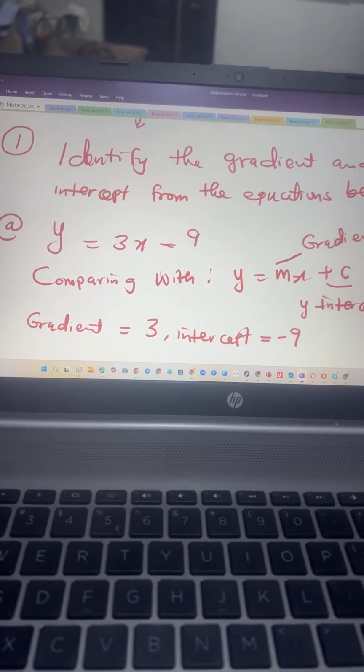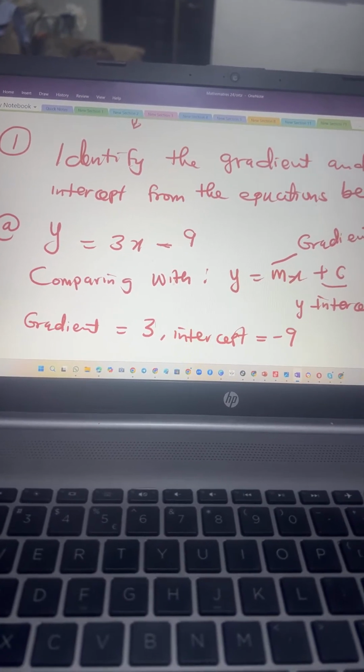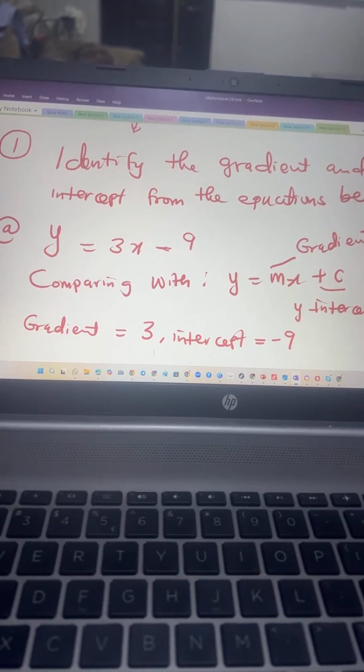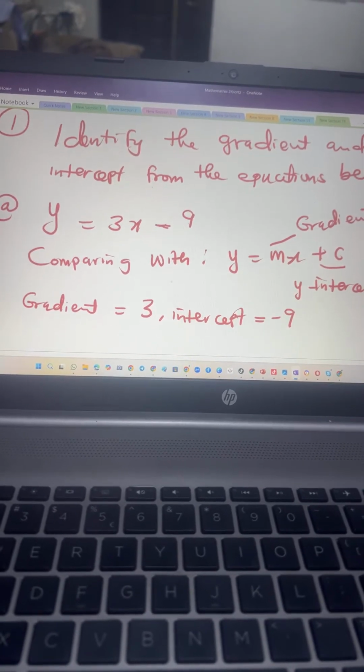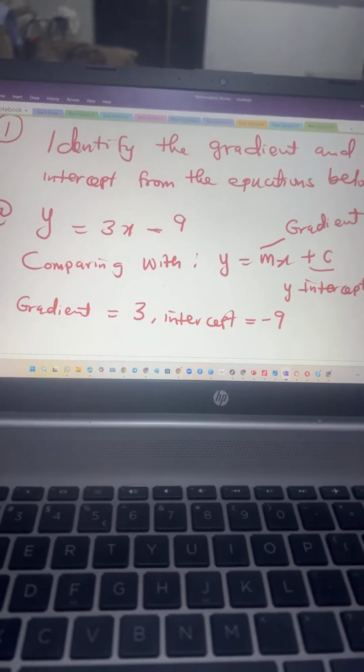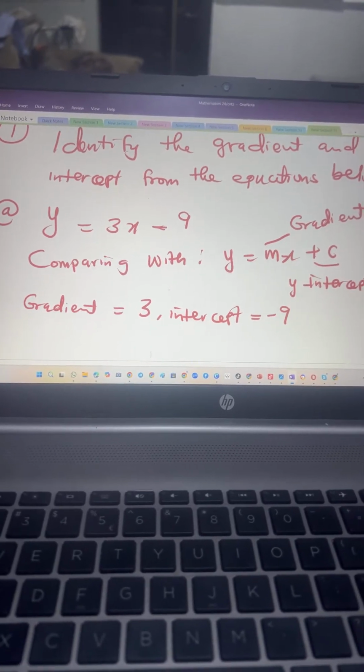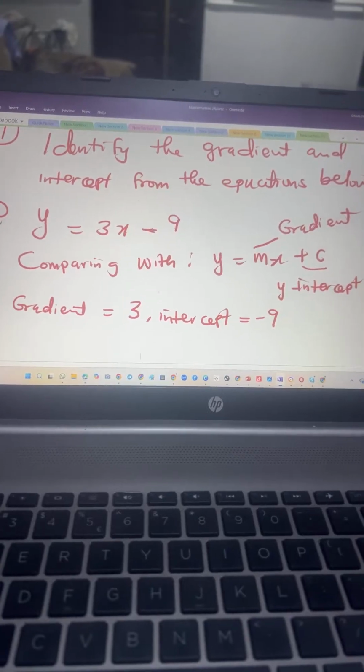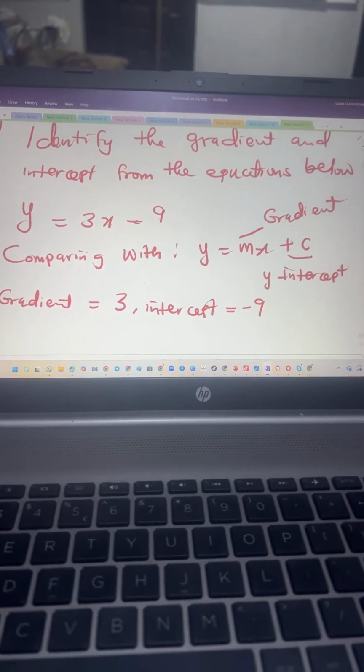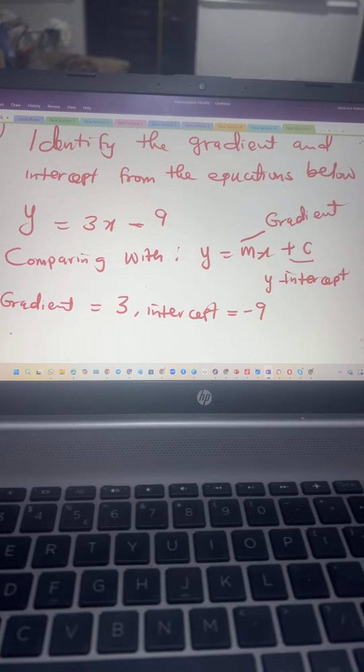So now I'm going to write this down. Do you have any question regarding this straight line equation? No. Okay, since there's no question, let's take another example. Let me see if you can do it accurately.